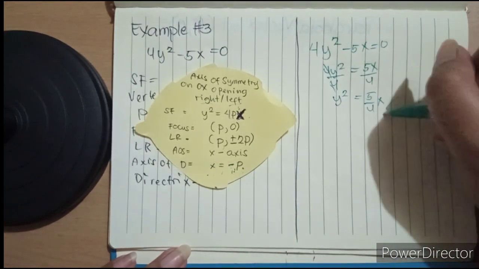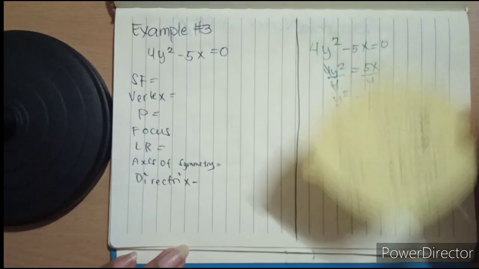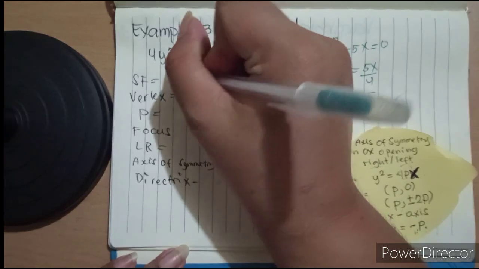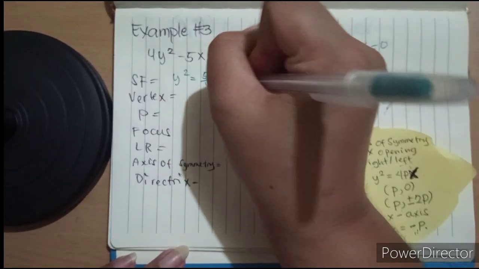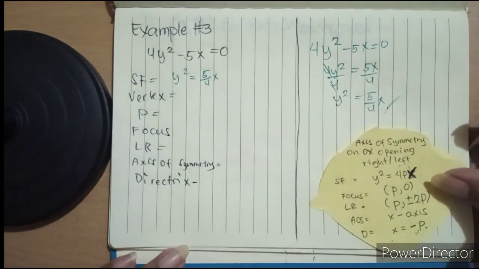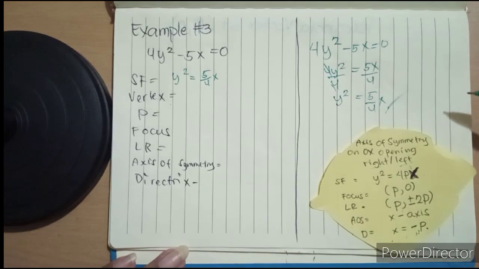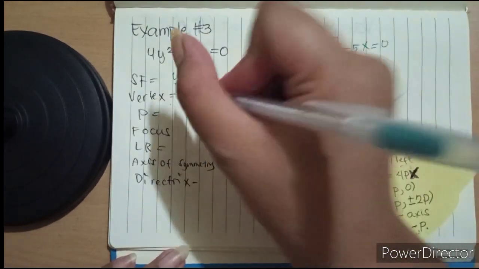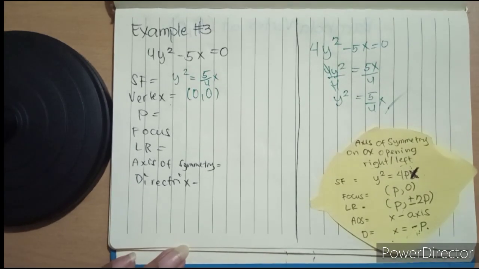So, ito na ngayon yung ating standard form: y squared is equal to 5 over 4x. Next is the vertex. Since wala tayong value ng h and k dito, alam na natin na ang vertex natin ay at (0, 0).